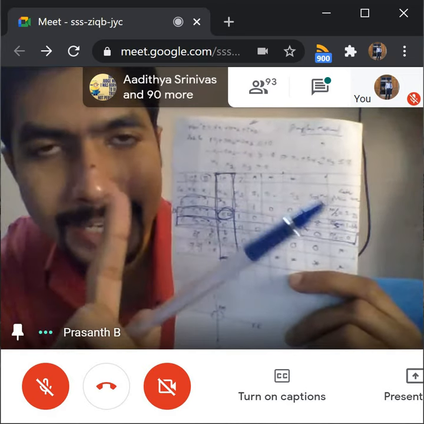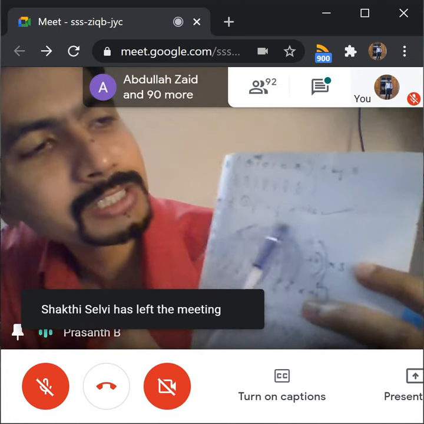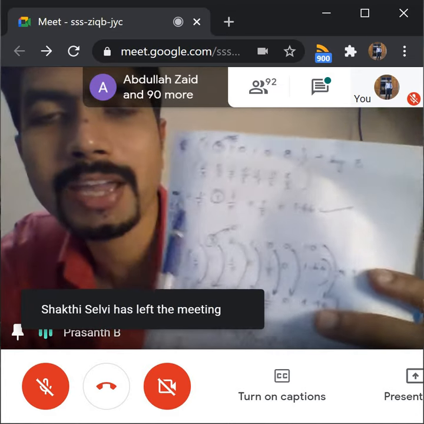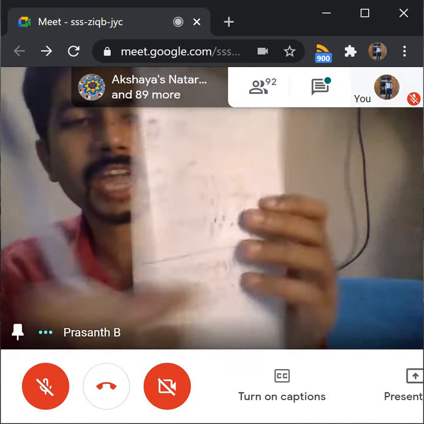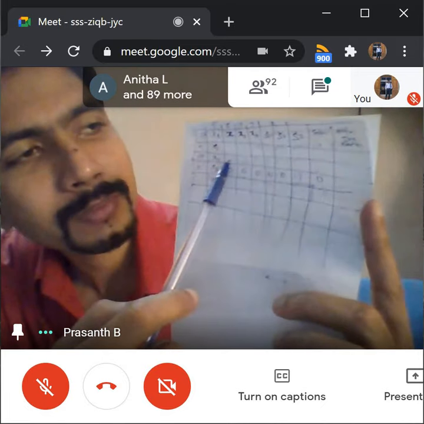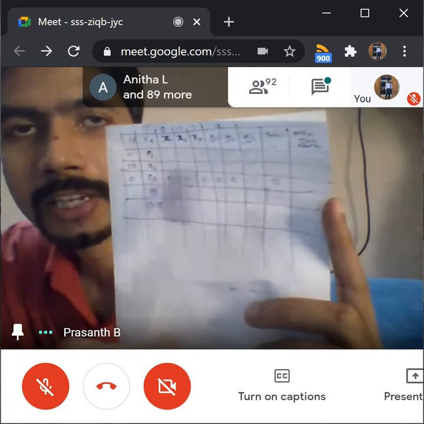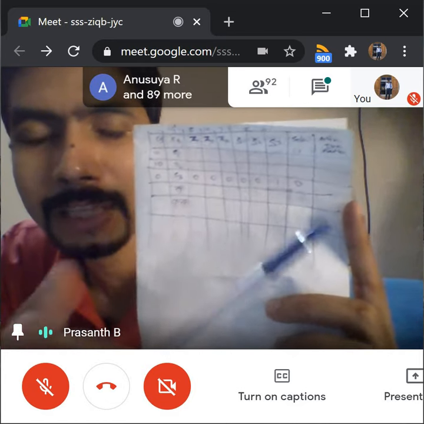You have to write this key row by key element in that same row. In the second row, instead of 5, I replaced it with 1. You should not put it in the first row. Then the problem will go.